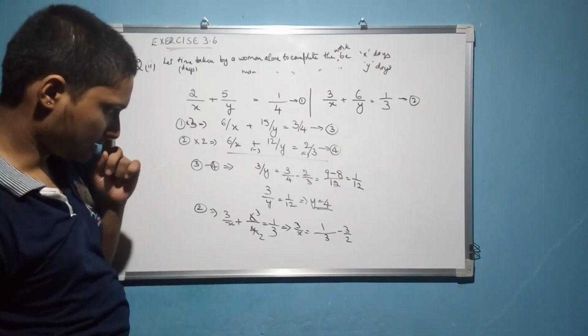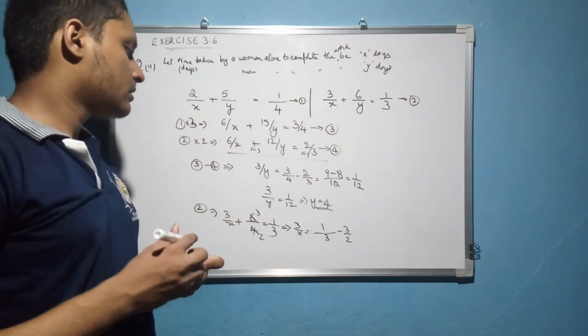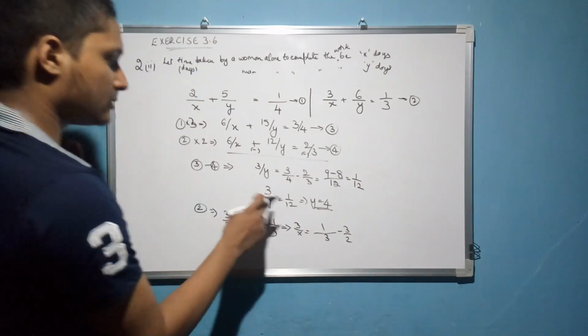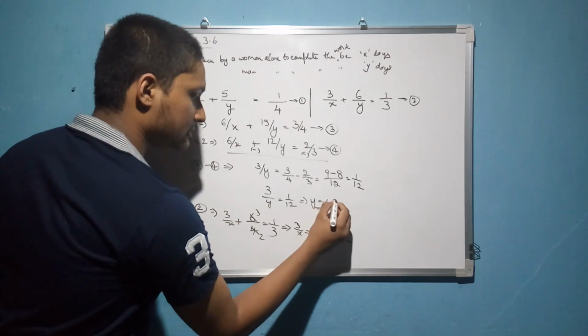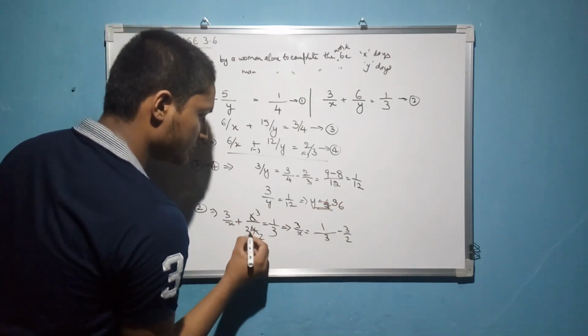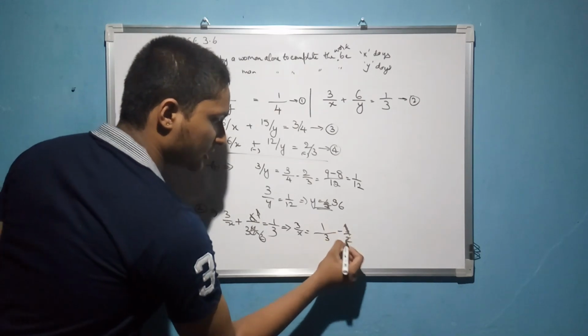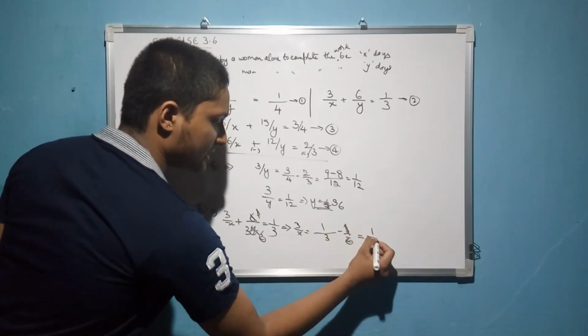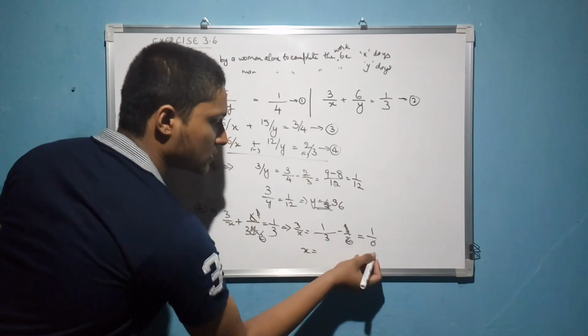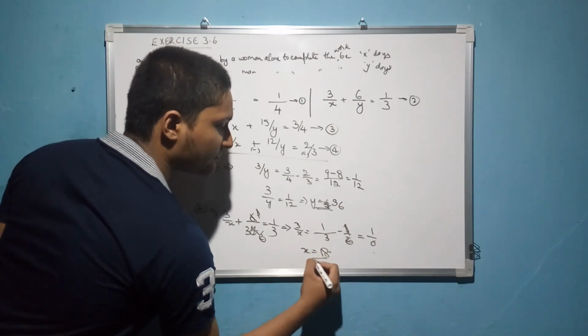So I think there's a mistake here somewhere. Okay, it was 12 into 3, this was 36. Therefore it has to be 36 here. So 1 by 3 minus 1 by 6 comes to be 1 by 6 here. Therefore x is equal to 6 into 3, that is 18.